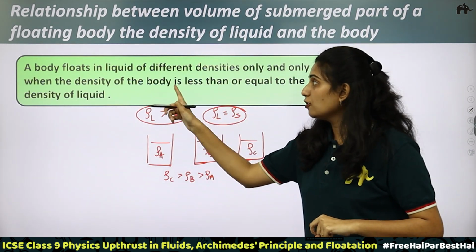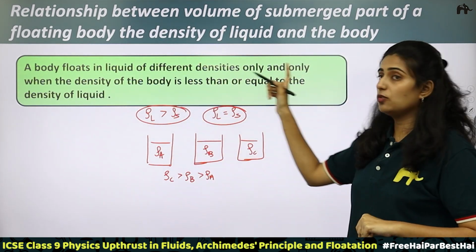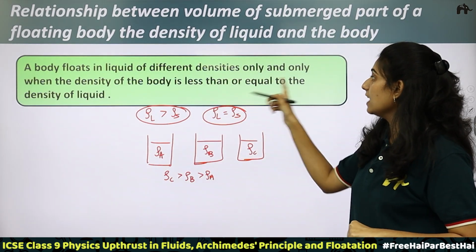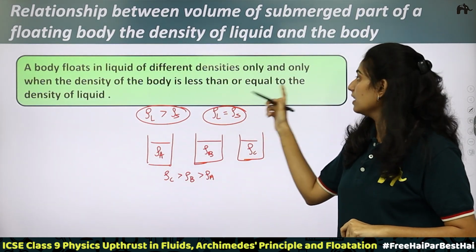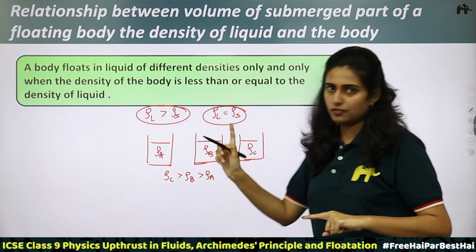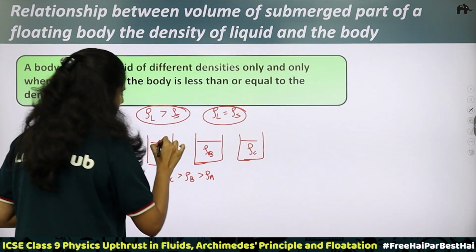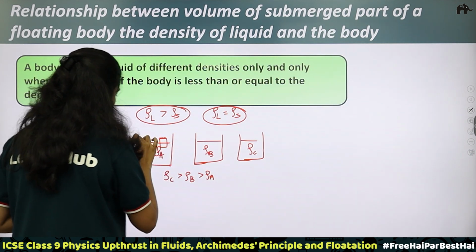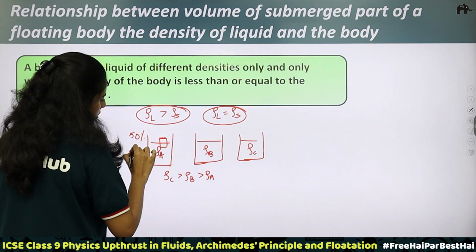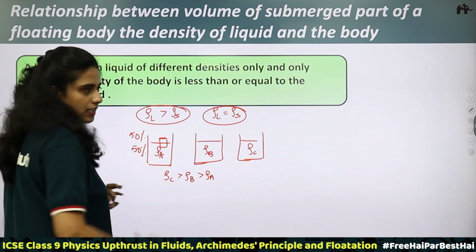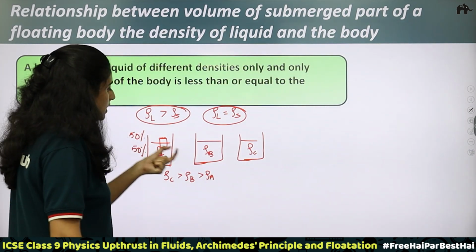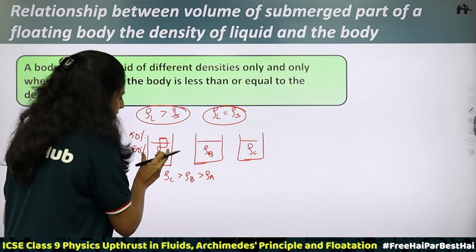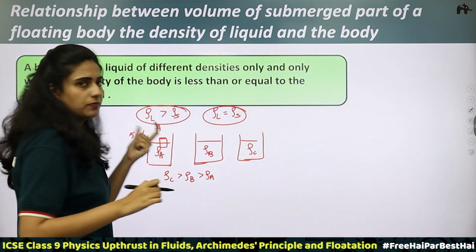A body floats in liquids of different densities only and only when the density of the body is less than or equal to the density of the liquid. So, same body, let's say we are immersing it. Here you can see 50% is inside the liquid and 50% is outside. The density of the liquid is minimum in the first liquid A.